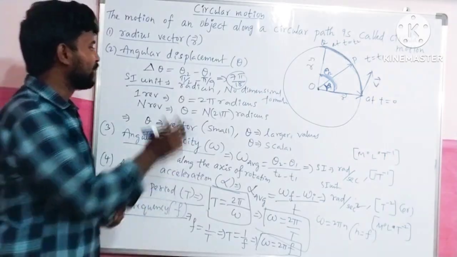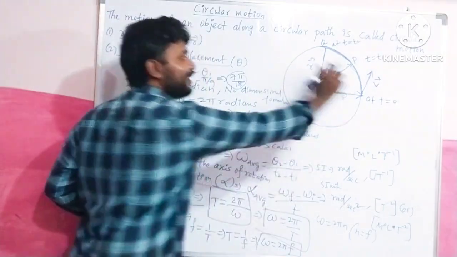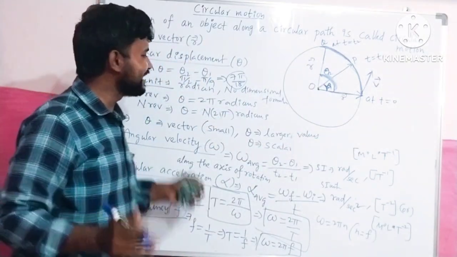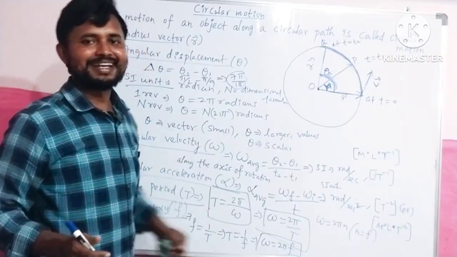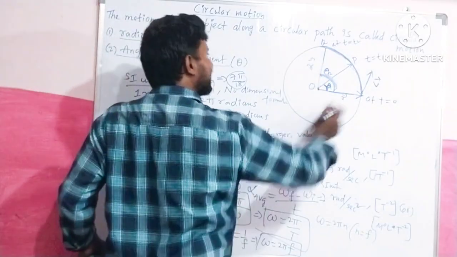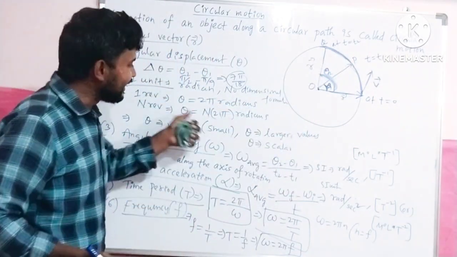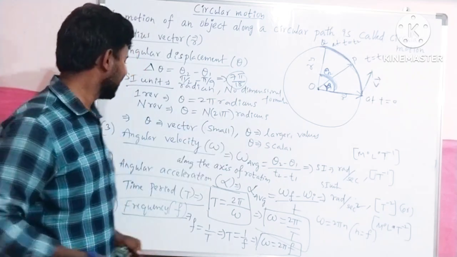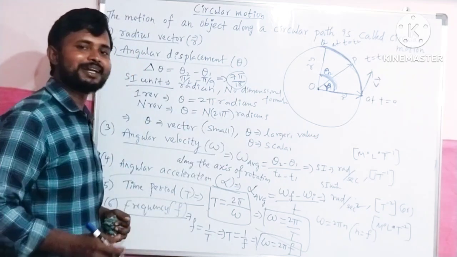Next, if a particle completes one revolution, what is the angular displacement? 2 pi radians. If a particle completes n revolutions, how much? n into 2 pi radians. Next thing is the angular velocity omega.